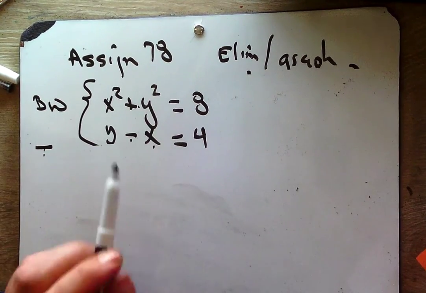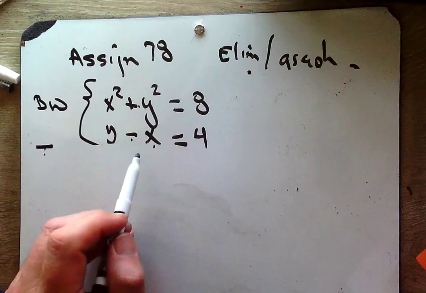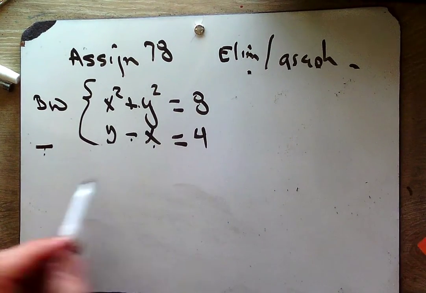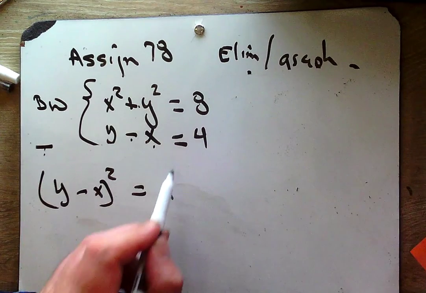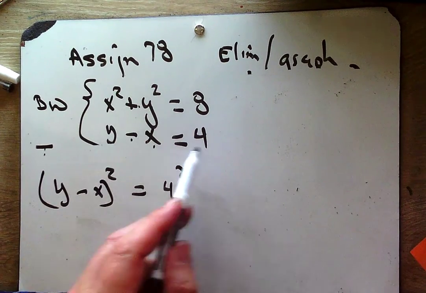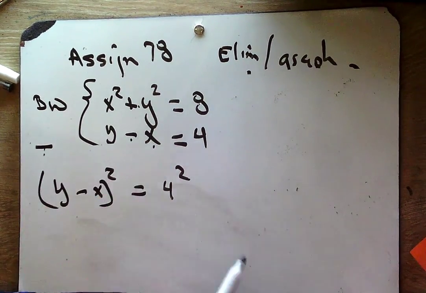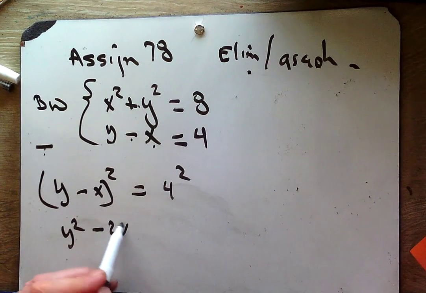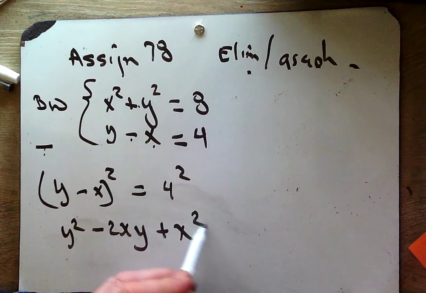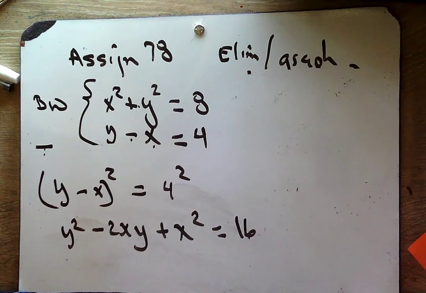What if I took this equation and actually did that square? Y minus x squared equals 4 squared. Squaring both sides of the equation, not each piece. So we have y squared minus 2xy plus x squared equals 16.